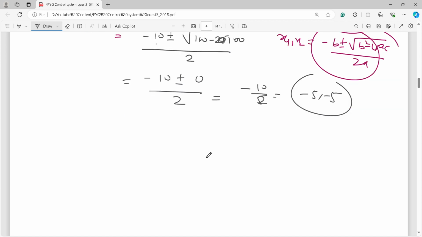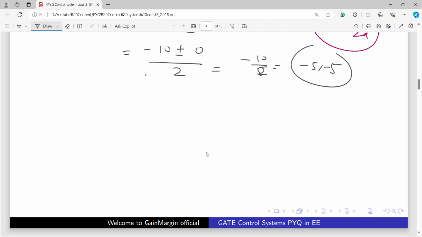Then here you can see in the S plane what the roots are, minus 5.